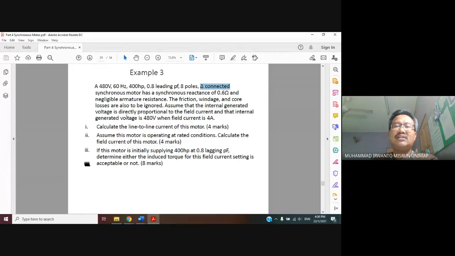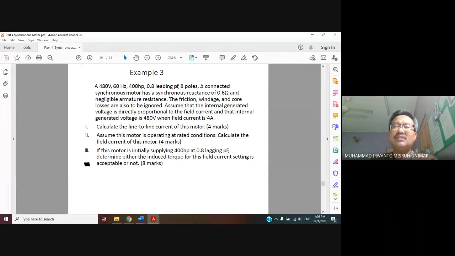Assume that the internal generated voltage is directly proportional to the field current and that the internal generated voltage is 400 volt when the field current is 4 amperes. So all the conditions are achieved when the field current is 4 amperes. Later we will see what corresponds when it changes, like from leading to lagging.